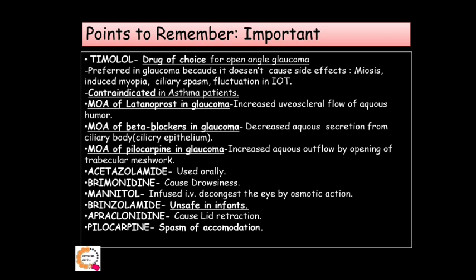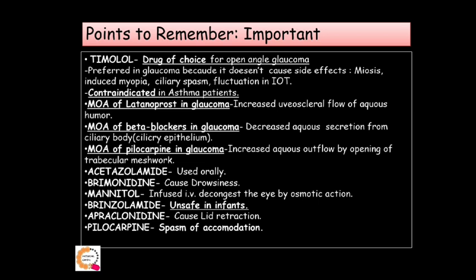The mode of action of latanoprost in glaucoma is that it increases uveoscleral flow of aqueous humor. So latanoprost and other prostaglandins increase uveoscleral flow of aqueous humor. The mode of action of beta blockers in glaucoma is that they decrease aqueous secretion from the ciliary body, meaning the ciliary epithelium.